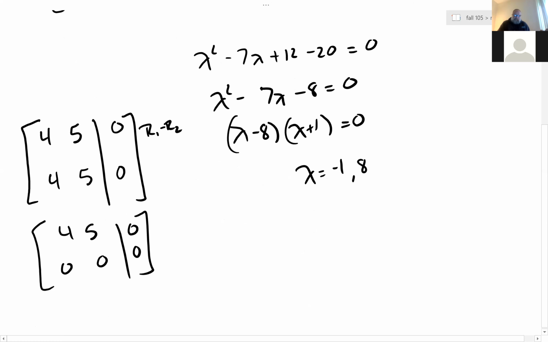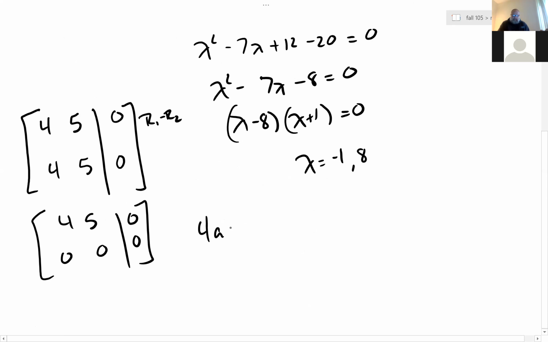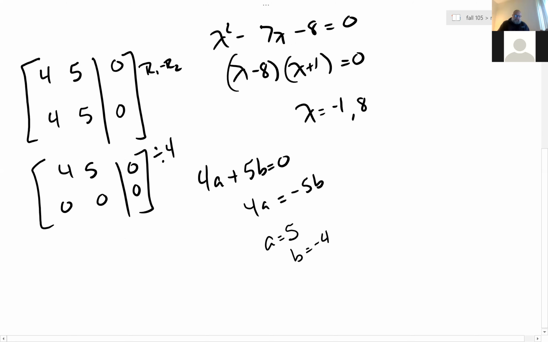I think a normal person goes, hey, 4A plus 5B equals 0. That means 4A is negative 5B. I think a smart person goes, listen, I'm going to make A equal to 5 and B equal to negative 4. Awesome.